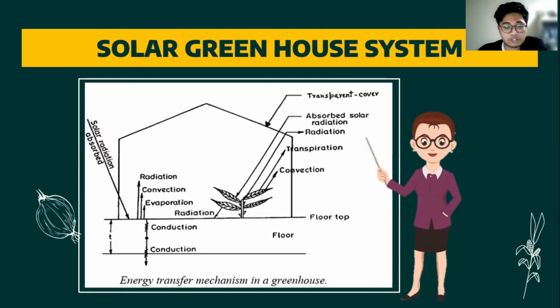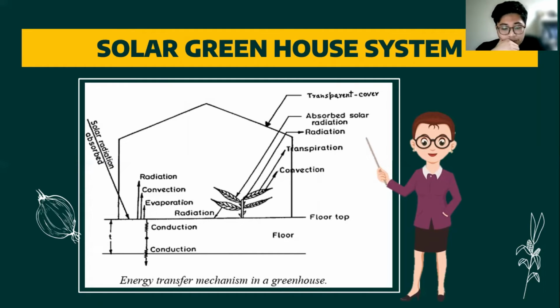So in short, the solar greenhouse prevents convection and conduction of the heat out of the greenhouse. And furthermore, due to the transparency of the greenhouse surfaces, it will provide a warmer condition for the plants inside, because the surface of the greenhouse is presented to the solar radiation band.